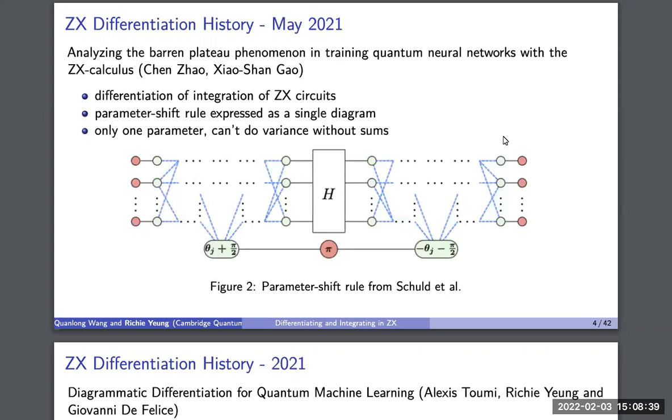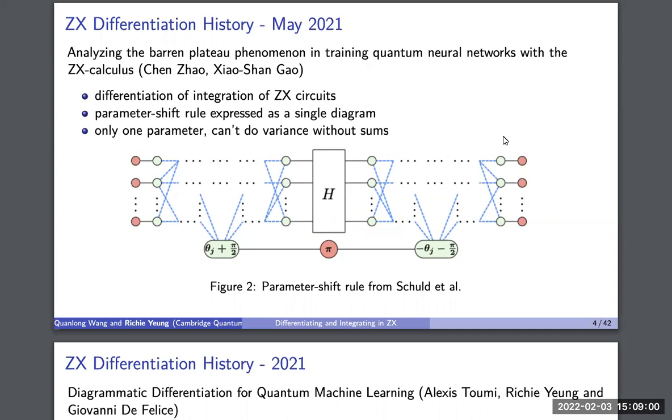Later on, Zhao et al. started looking at analyzing the Barren plateau phenomenon using ZX calculus, and they were the first to take a ZX diagram which expresses a quantum circuit, and then express the derivative and the integral in terms of a single ZX diagram.